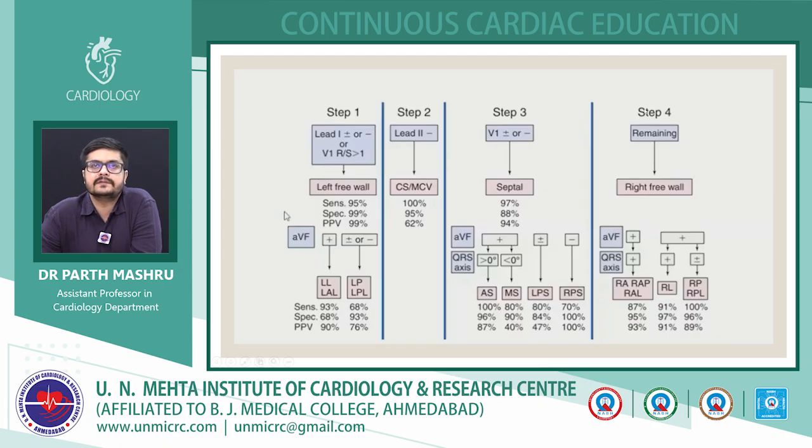They have modified step 4 and removed the positivity of V1, yet we are still not able to exactly localize the pathway in that kind of ECG. This is the basic shortcoming of the Arruda algorithm, and that's why Pembrun is much better, because it correlates with the basic logic of accessory pathways and easily reaches the diagnosis and the correct localization.